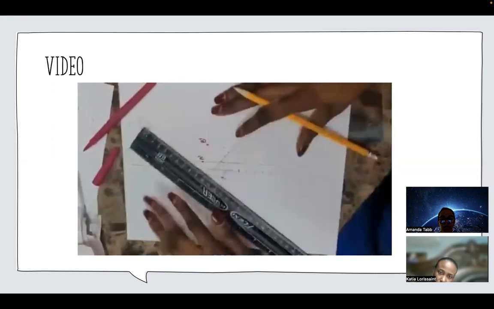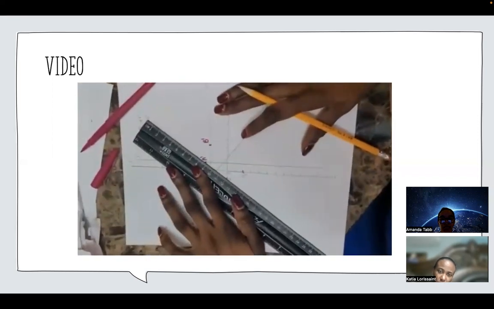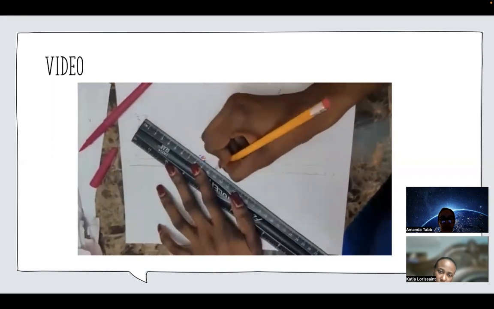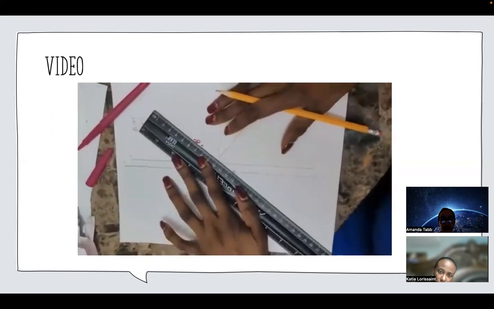And we have segment A prime and segment B prime.